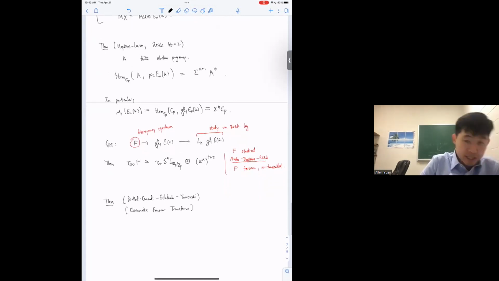It asserts a duality phenomenon for the cohomology and homology with coefficients in Lubin-Tate theory, and it asserts that if M is a spectrum which has homotopy groups in a restricted range from 0 to n, so the homotopy groups are 0 outside of 0 to n, and otherwise they're a finite abelian p-group.